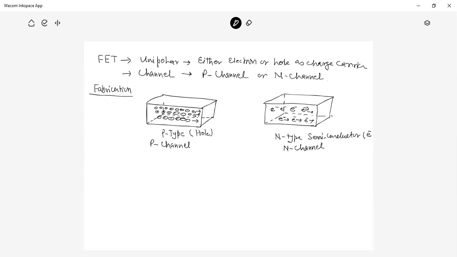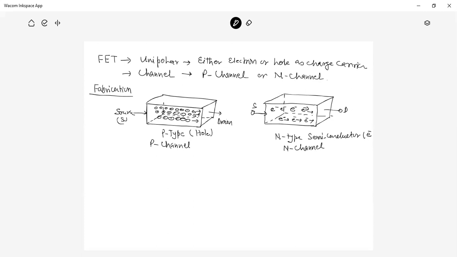You can refer to this end as source, S, then this end is drain. Similarly, in this case also, this end is source and this end is drain. Now the gate is heavily doped.